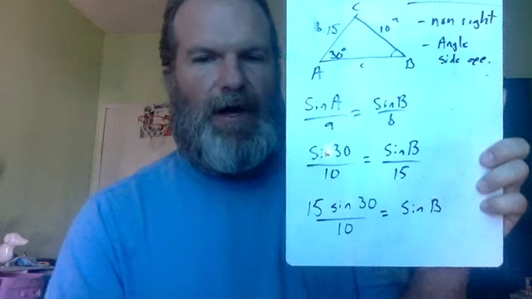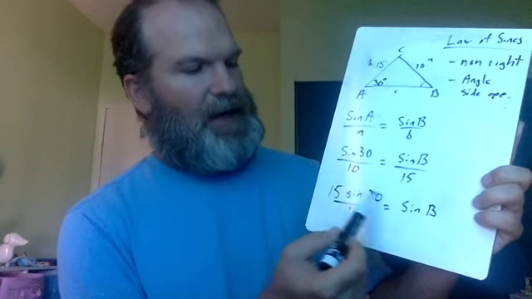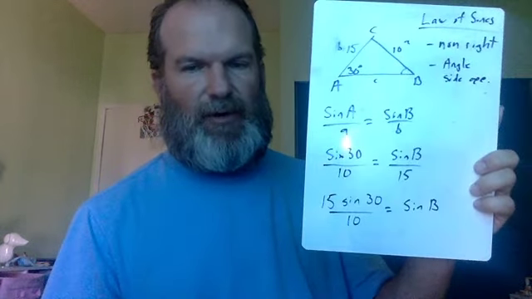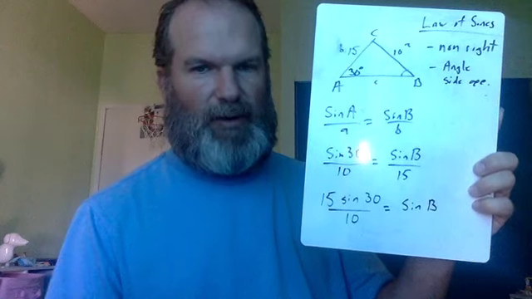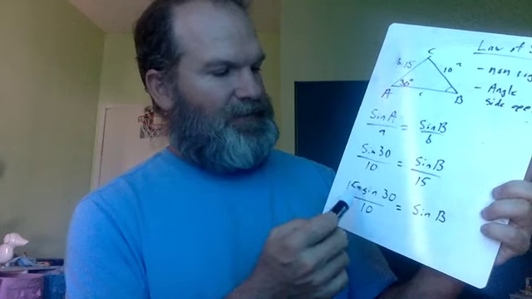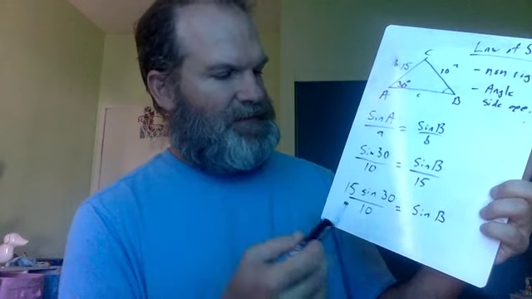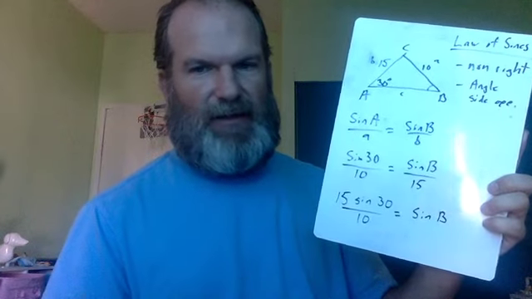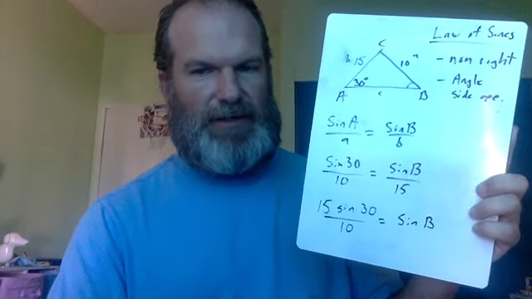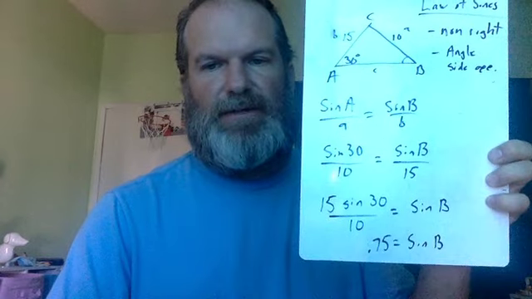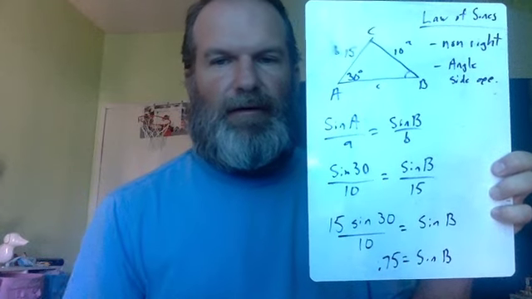Now you can get out your calculator and do sine of 30, and that'll give you a number, which is probably 0.5 if I remember correctly. And then it'd be 15 times 0.5, which is 7.5, and then divide that by 10, and you would get 0.75. So check with your calculators, but you should get sine of b is equal to 0.75. Now, we're almost there.